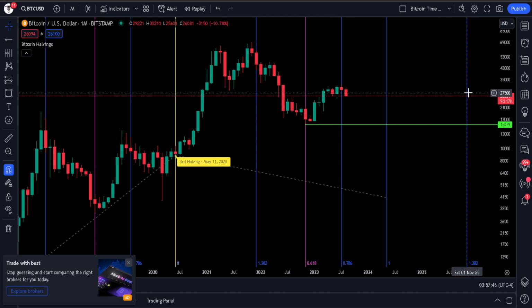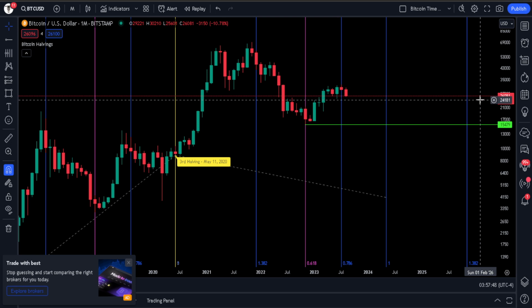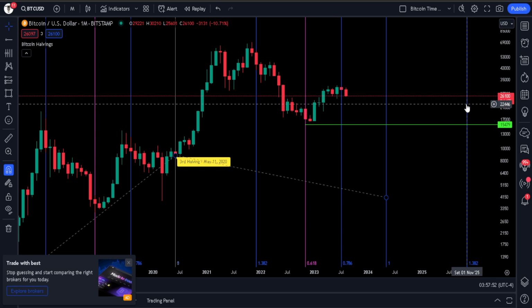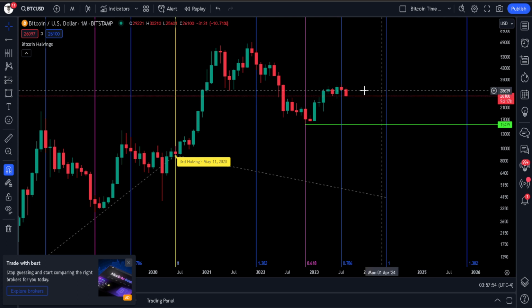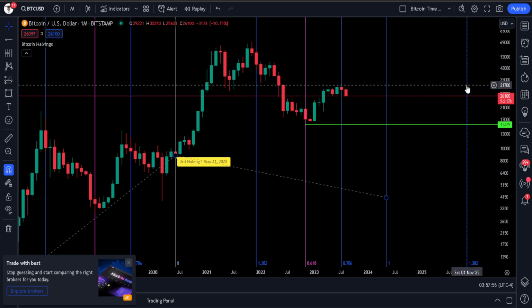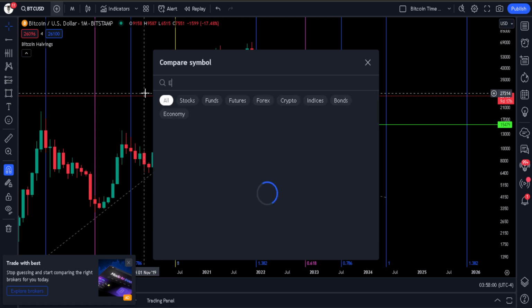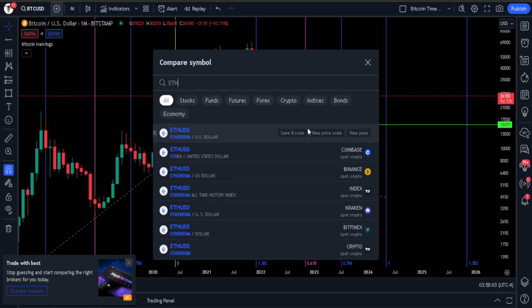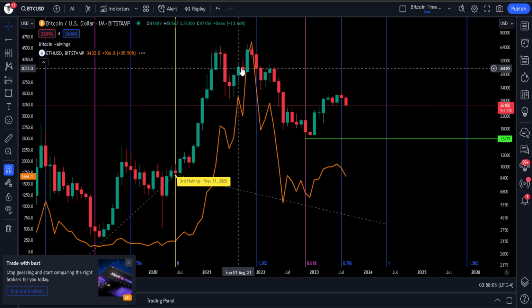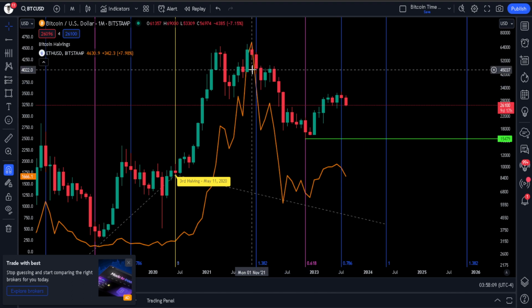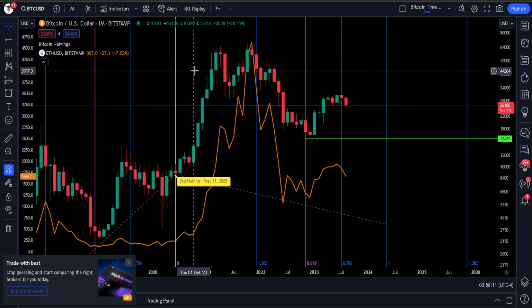Now the altcoins obviously don't top there; they tend to top a month after, which would put the tops for the altcoins in November, as Ethereum tends to top a month after BTC does. Let's just add that for you. It topped the exact month that BTC did this time.